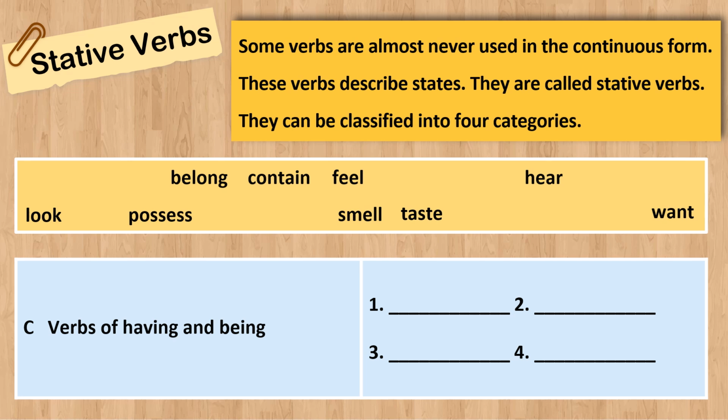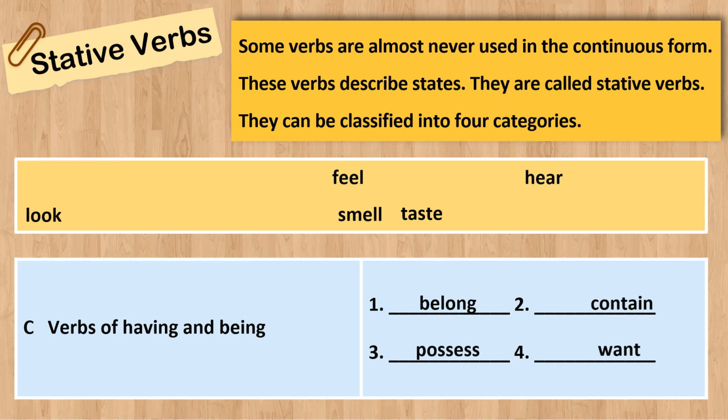Now, let's take a look at the answer. We have the words belong, contain, possess, and want. These words don't describe an action you perform. They tell us what you own or hold.